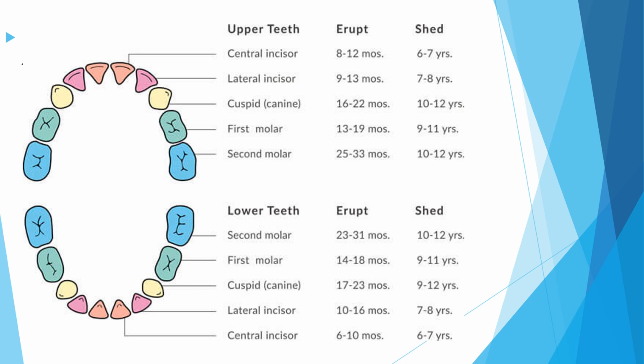Your first molar in the maxilla will shed by the age of 9 to 11. In the lower arch, the first molar will shed around the age of 9 to 10. Your second molar will shed by the age of 10 to 12 years in both the maxillary as well as the mandibular arch.